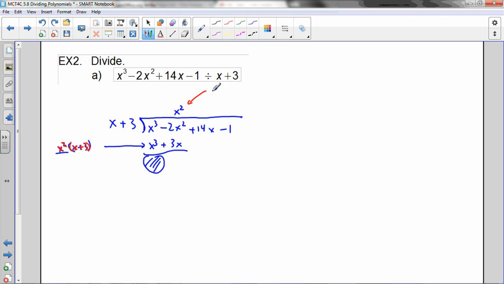So where did the x squared come from? Think. What do we multiply by so that when we subtract, the x cubed disappears?